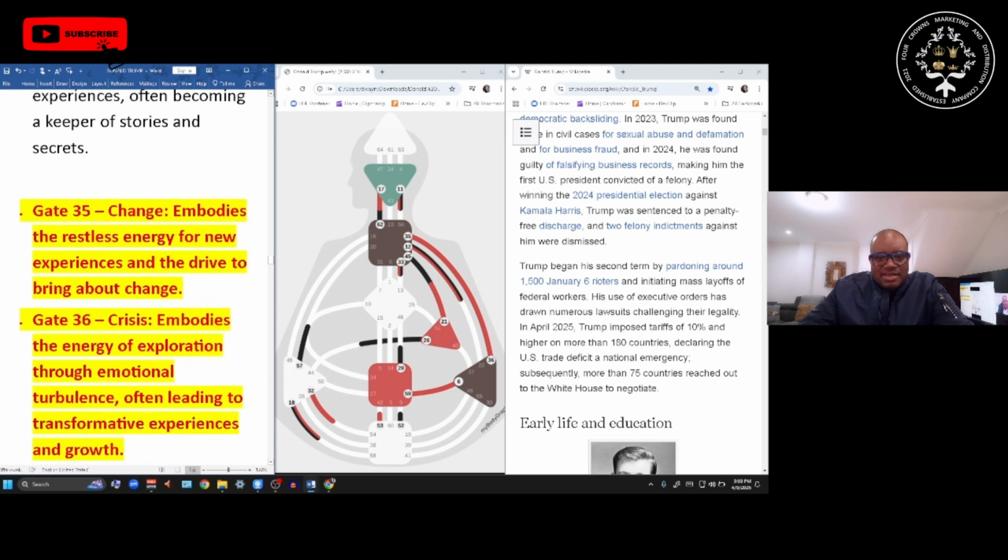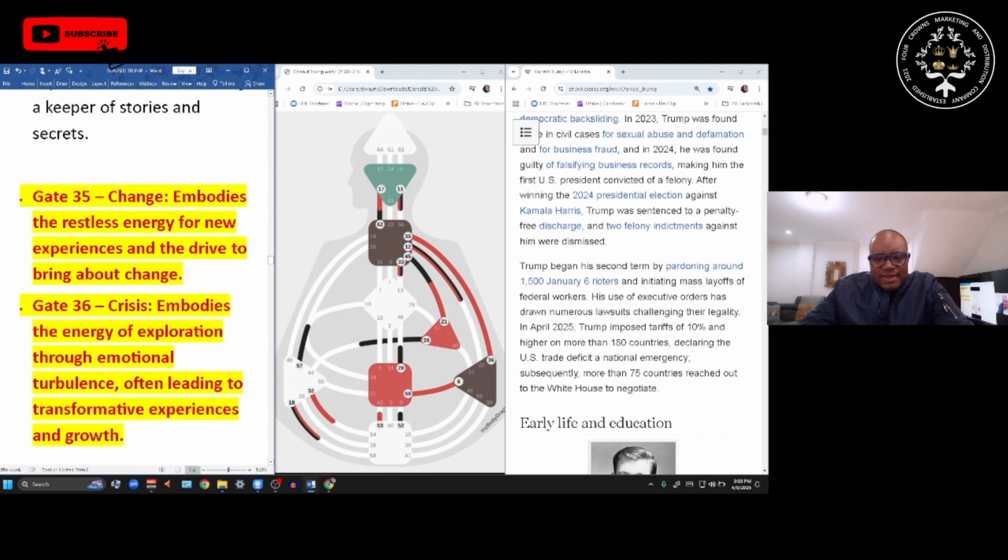That 35 gate that comes out of the throat as well represents change, embodies the restless energy for new experiences and the drive to bring about change. We know that for sure, that's him. And also 36 is crisis, embodies the energy of exploration through emotional turbulence, often leading to transformative experiences and growth.